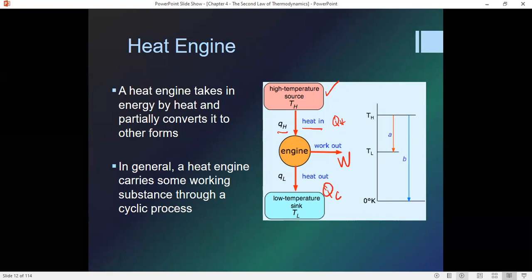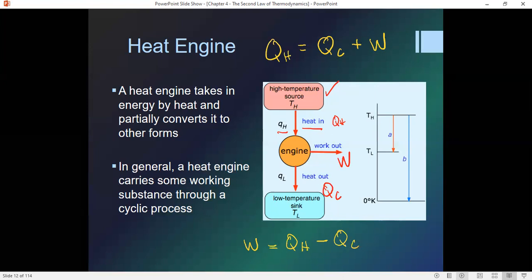Now, if we take a look at this expression right here, conservation of energy says that QH is going to be equal to the heat that we exhaust, QC, plus the work that's done. So basically, the work that we get out of the system is going to be the difference between the heat that we get from the hot reservoir minus the heat that we dump into the cold reservoir.